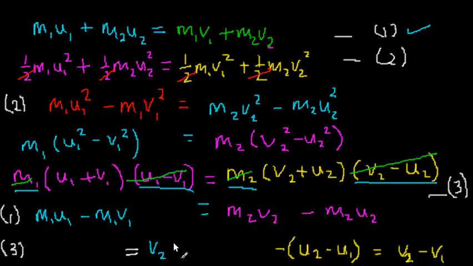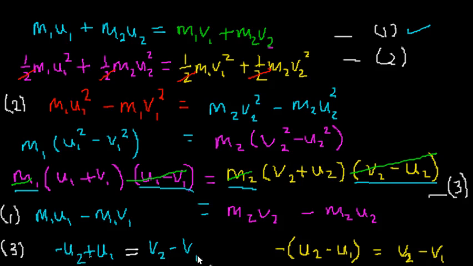So let me bring v1 over. That will be minus v1. So I should move all the rest to the left. So I have u1 on the left, and from the right side, the u2, I'll move it to the left, minus u2. So I got this from equation 3.